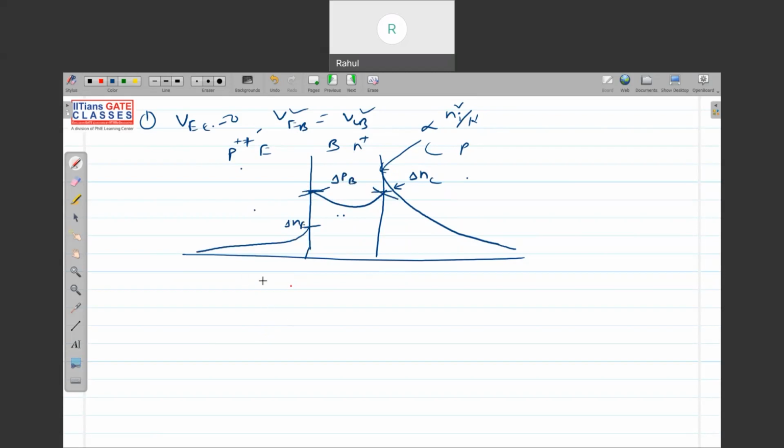Now you see how the current has been flowing. The first thing is, the electrons have been injected into the base, and they will recombine with the holes in the emitter region.